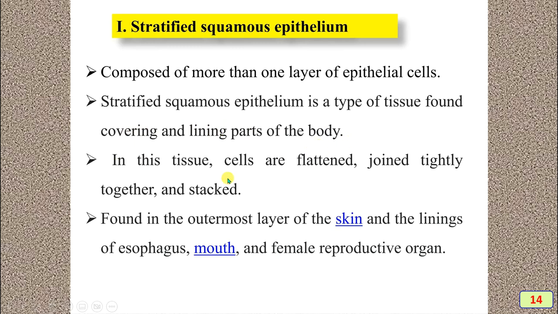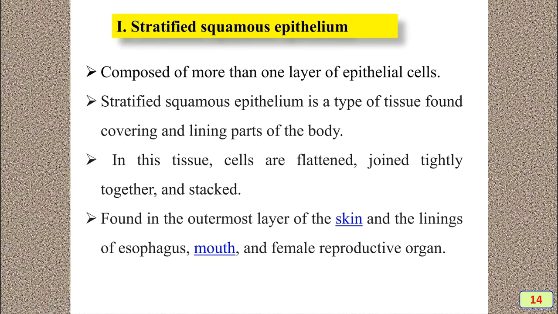In this tissue, cells are flattened, joined tightly together, and stacked together. That's why they are called stratified squamous epithelial cells. These are found in the skin, the esophagus, the mouth, and the female reproductive organs, starting from the vagina, cervix, etc.